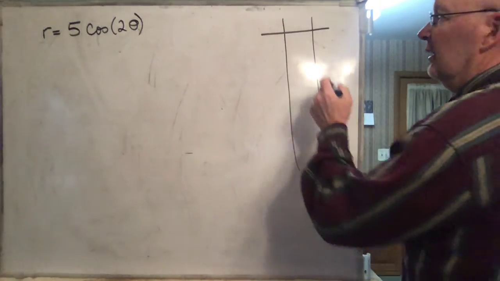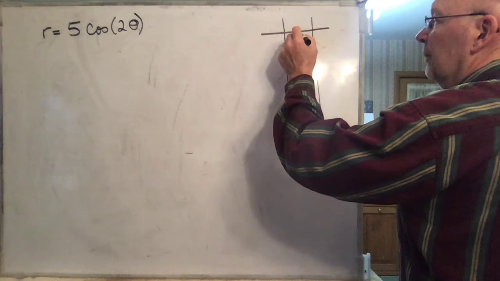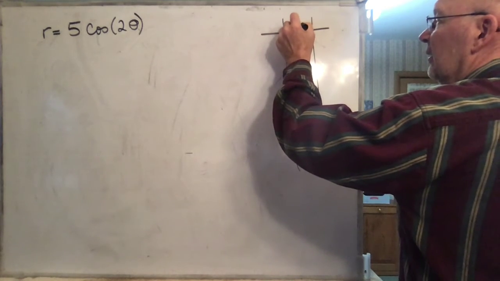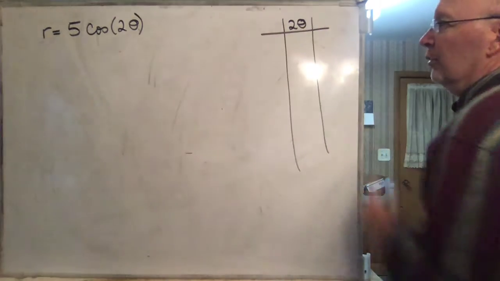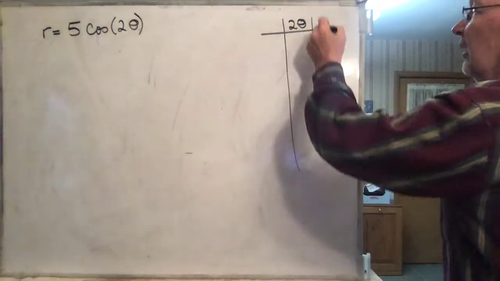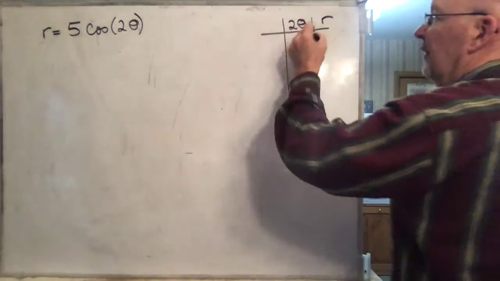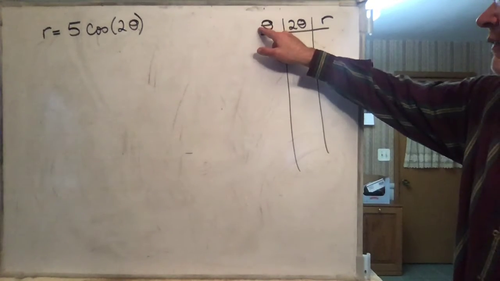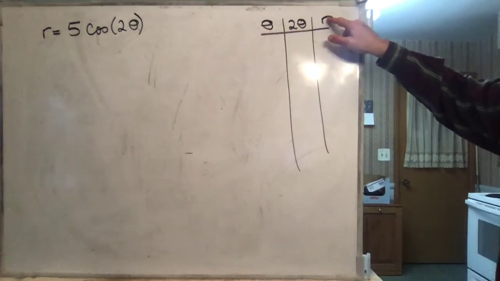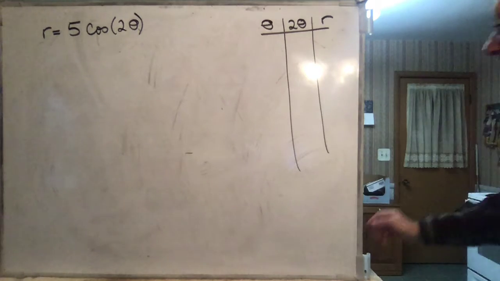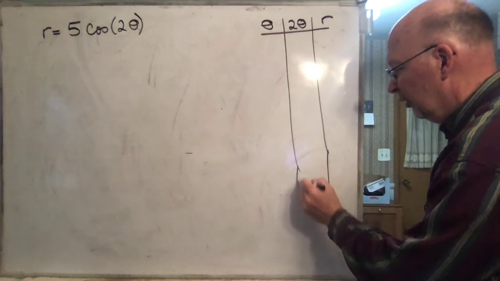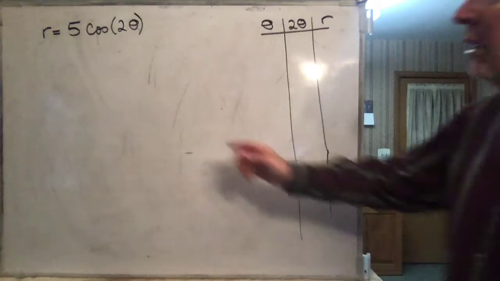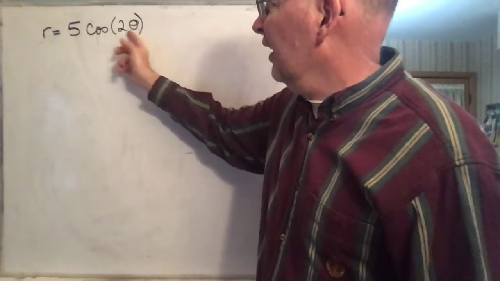You put the 2 theta right here, because that's what you're taking the cosine of. Here's your r right there, and then you put your theta right there. Because ultimately, we're going to say, given that this is the theta, what's the r going to be? But let me show you why this is a nice way to do it. Again, you want to take the cosine of nice numbers.